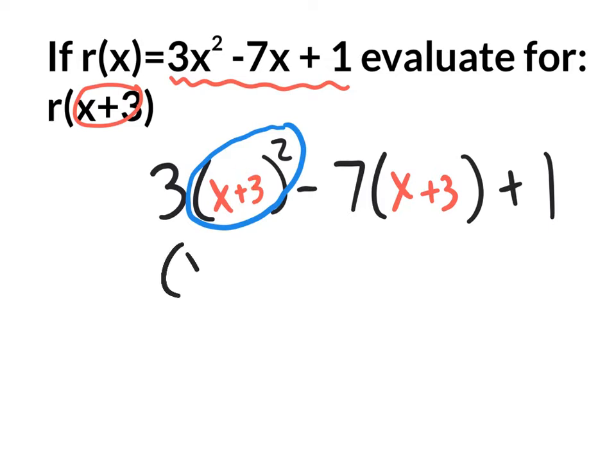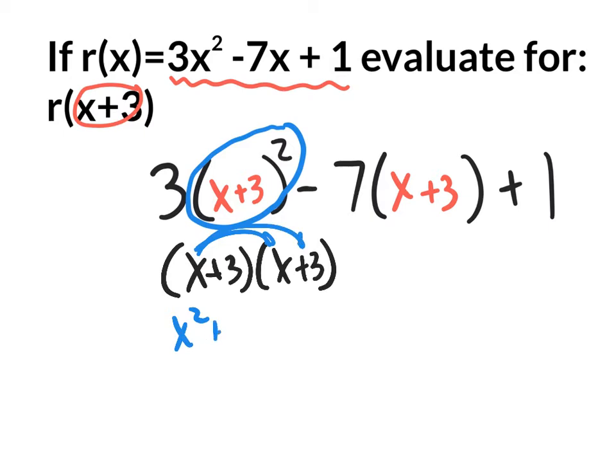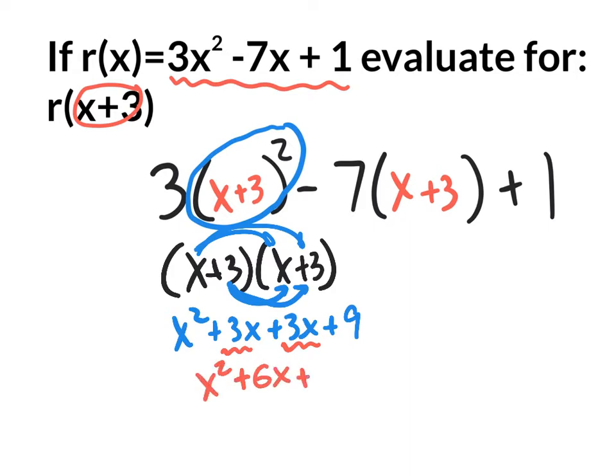Let's do that. X plus 3 times x plus 3. And let's distribute x times x, x squared. X times 3, 3x. 3 times x, another 3x. And 3 times 3 is 9. When I combine the middle terms, I will get a positive 6x. Let me bring down the x squared, bring down the plus 9.